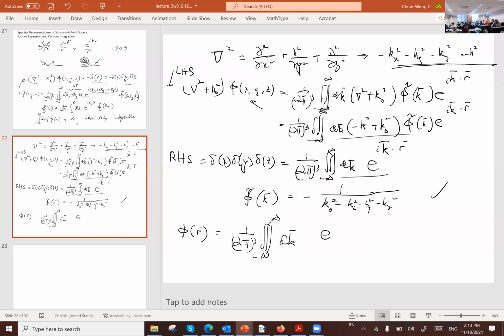And then I write the inverse Fourier transform, which will be k naught squared minus kx squared minus ky squared minus kz squared with a minus sign out front. Everybody got it so far? Very good. So the key now is how can we invert or evaluate this integration in closed form?